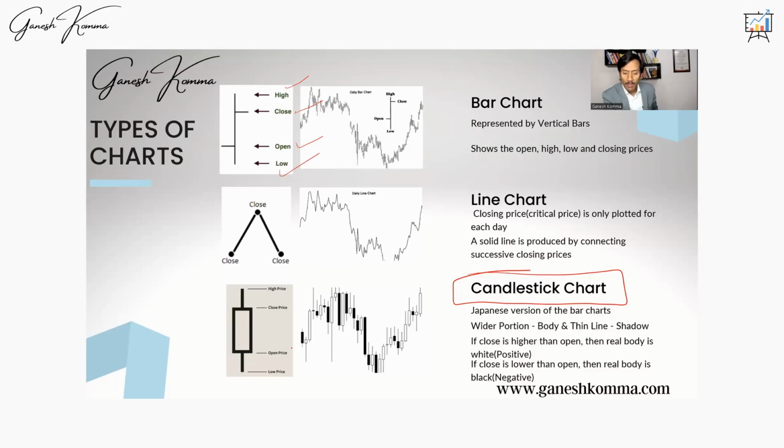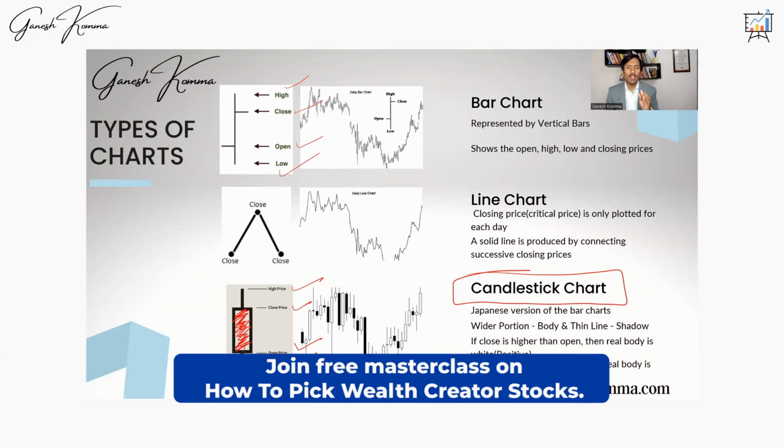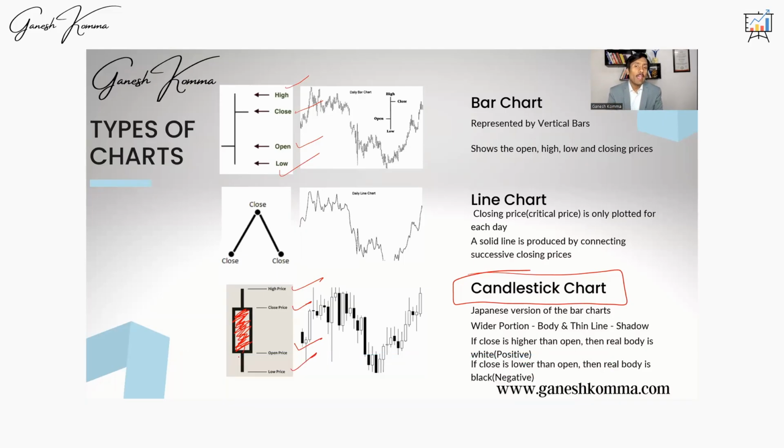You have your open price, closing price, high price, and low price. But one differentiation is you get to know the body of the chart. Let us say the body of the chart is red. If it is red, it reflects that it is losing on that day, the stock price has fallen on that day.